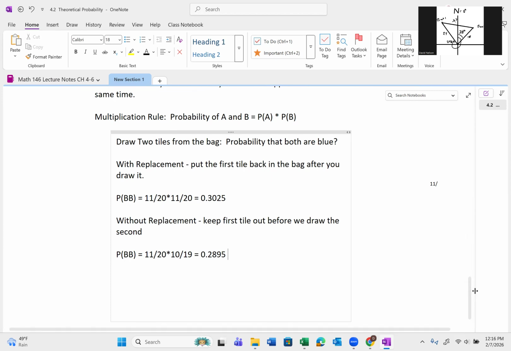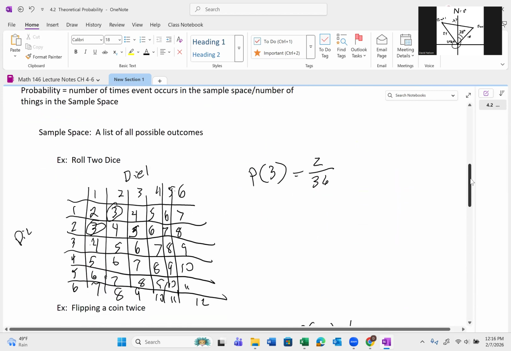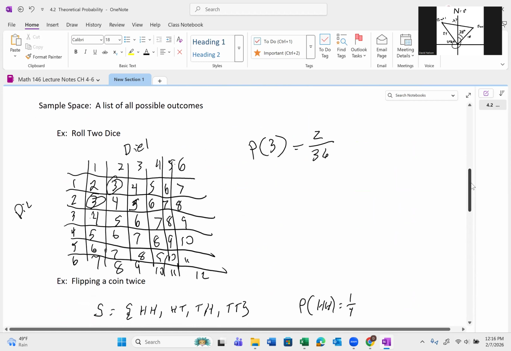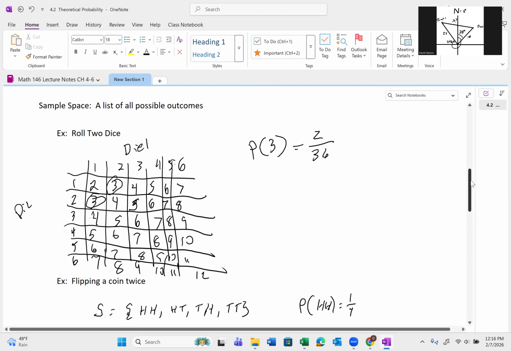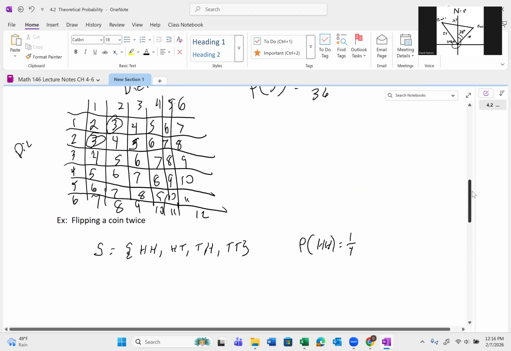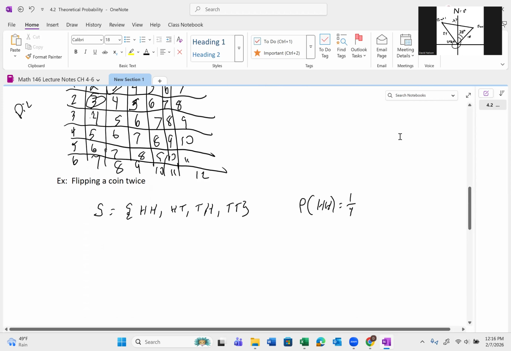But the theoretical probability, again, is thinking about all the possible outcomes. You want to generate that sample space, the list of possible things you can come up with, and then look at what successes you have within that sample space, out of how many total values there are. All right.